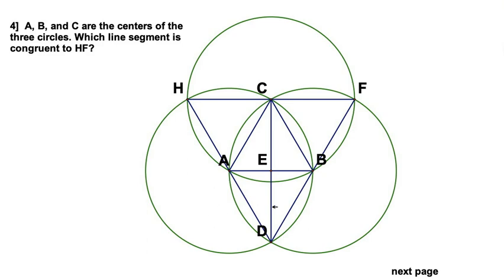All right, so we've got the centers of these three circles. Which line segment is congruent to HF? HF starts over here, ends over here. Now we've seen this argument before. I know, for example, that AB is the radius of circle A. It's also the radius of circle B. That makes these two circles congruent.